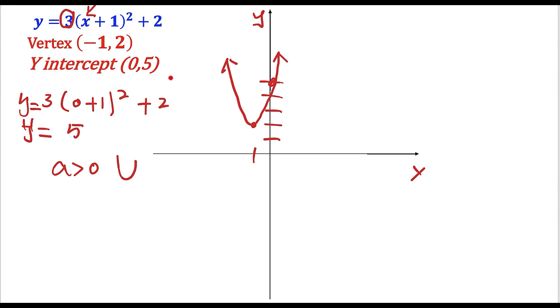We're going to cover the function transformation from the basic graph next time. So this is our vertex, (-1, 2), and this is our y-intercept, (0, 5). So this will be our second example, the end of the video today.